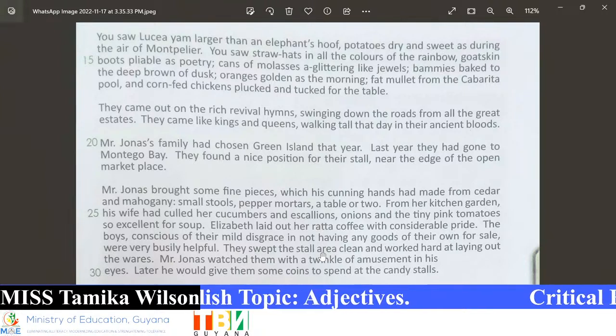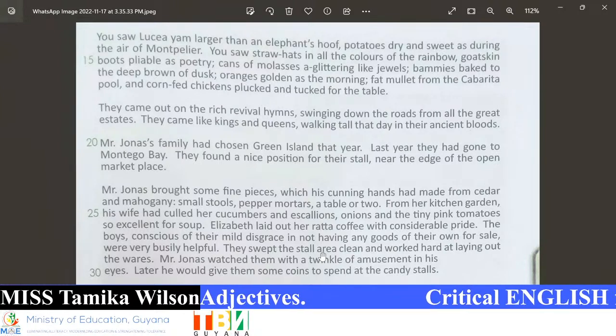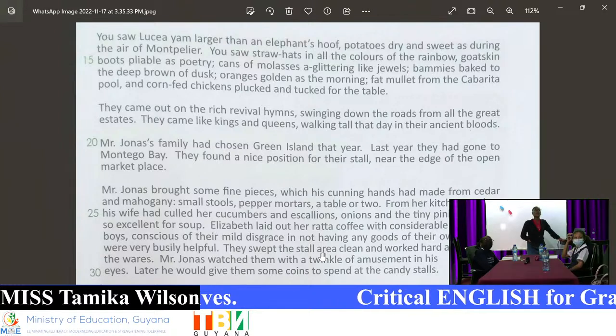Yes. So we're continuing. You saw Lucia's yam larger than an elephant's hoof, potatoes dry and sweet as during the year of Mount Pillar.